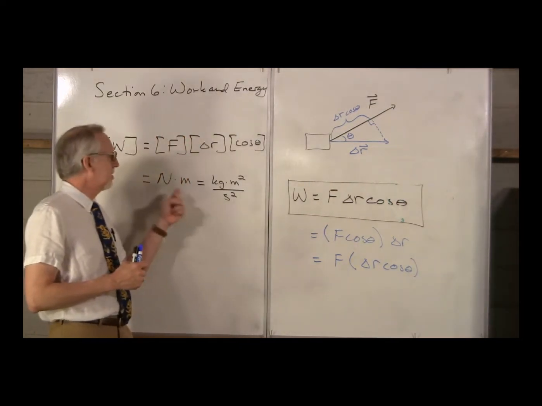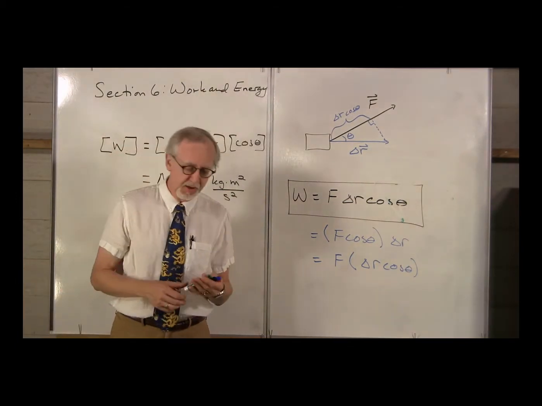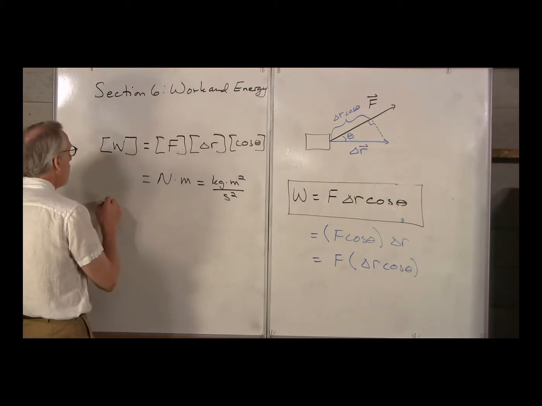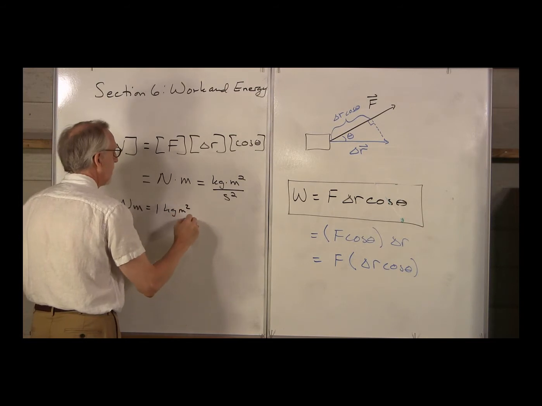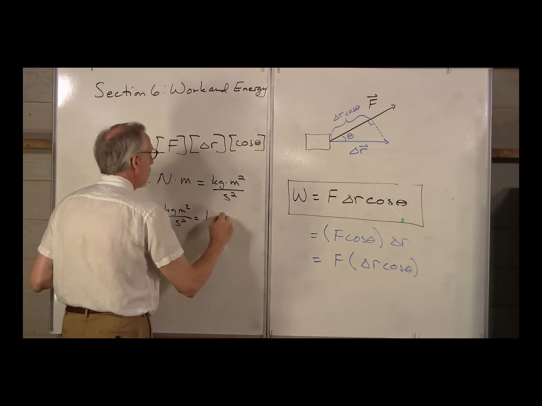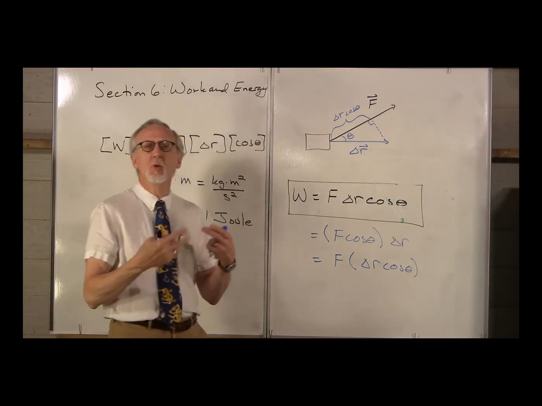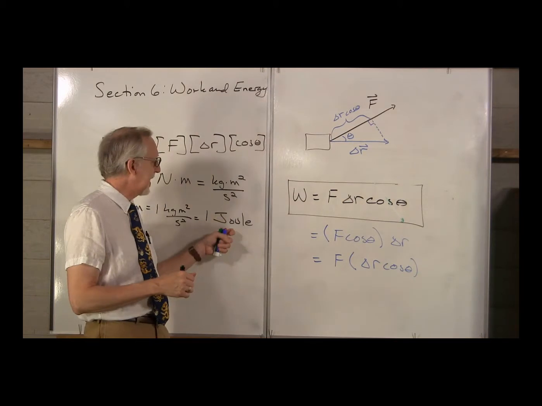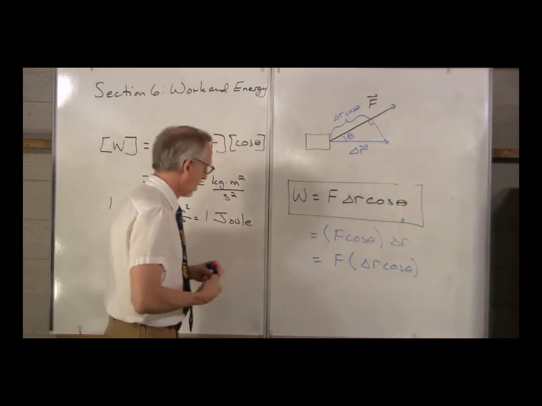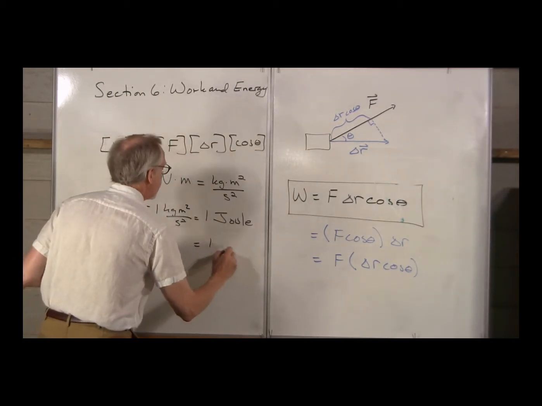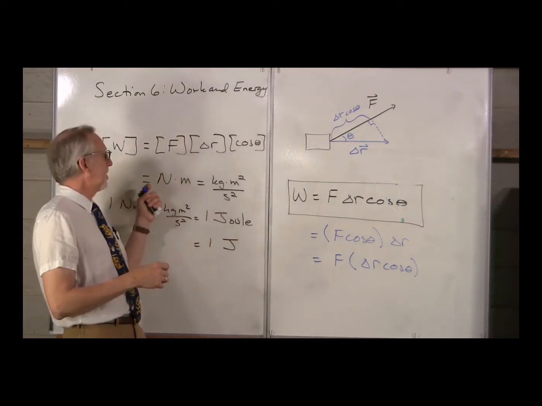That combination, likewise a Newton meter, is something that we're going to see so often that it has its own name as well. 1 Newton meter, or 1 kilogram meter squared per second squared, is called 1 joule. Joule. This is not like a jewel, like a gemstone or something. This is actually named after an individual. And that is the unit of work. The shortened version is just a capital letter J. So joules, the units of work.